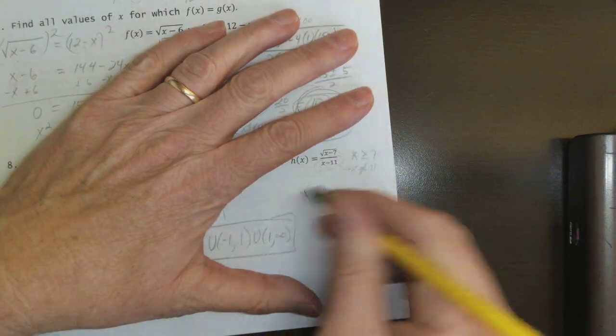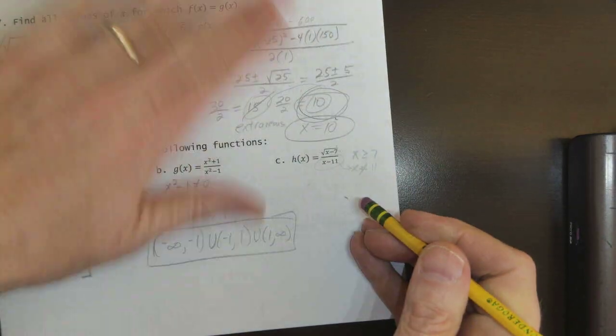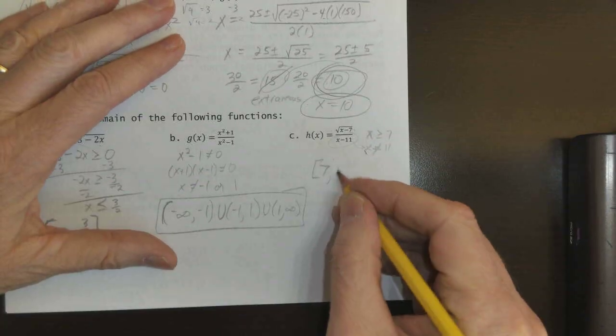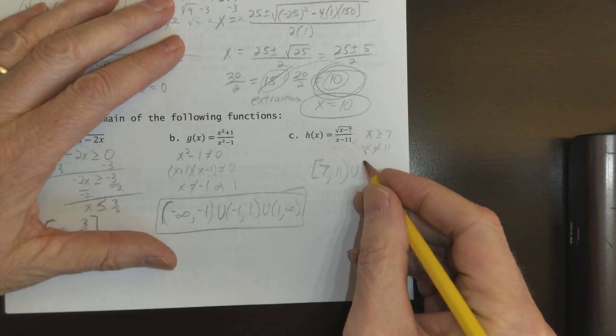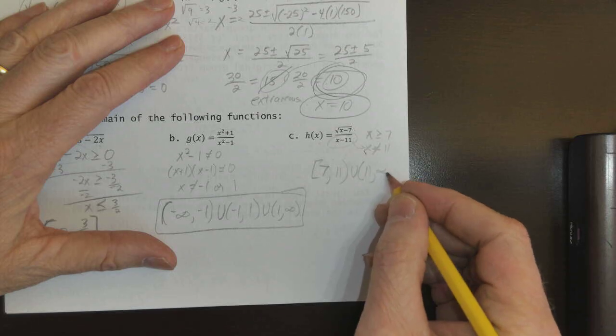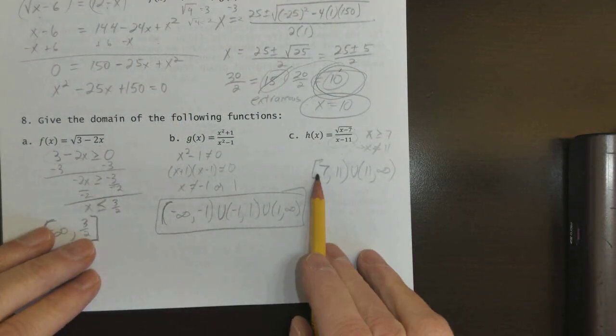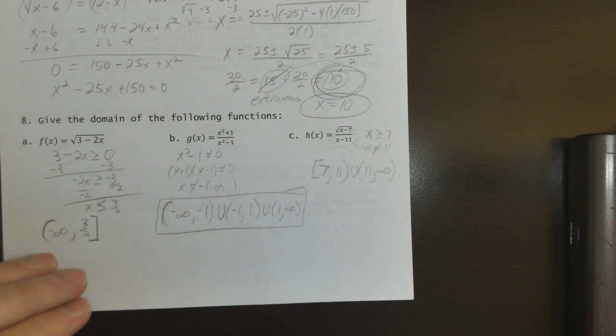Changing my mind. x is greater than or equal to 7. So let's go 7. Let's leave out 11, and this is how we leave out 11. All numbers greater than or equal to 7, but not 11.